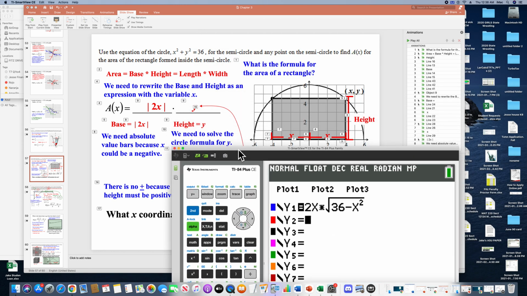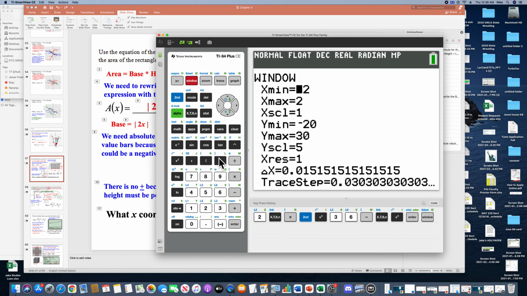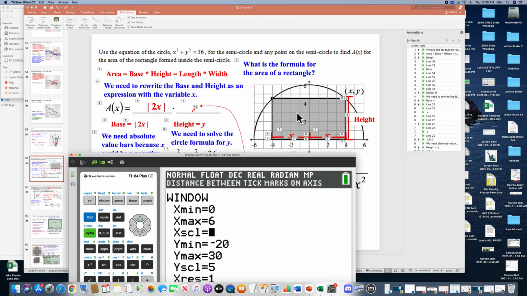Now, let's talk about the window that we want. We said we're only going to be in quadrant 1, so that's 0 to 6 for your x's. So window, let's change that from 0 to 6. For the Y value, the biggest area I could possibly think about having would be, let's say, a 6 by 6, and that's bigger than big.